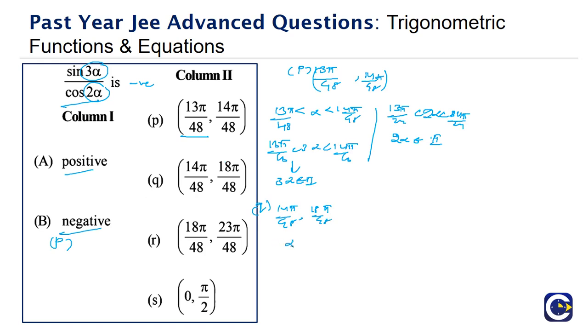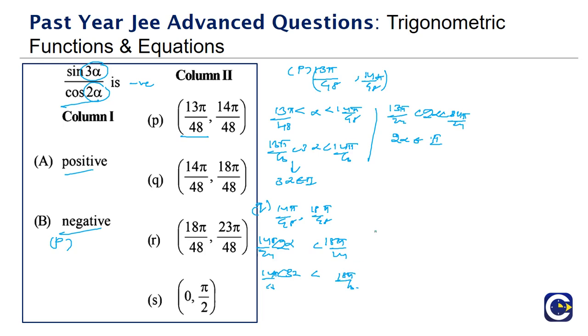If you consider this directly, we'll consider 2 alpha and 3 alpha. 2 alpha is between 14 pi by 24 and 18 pi by 24, and 3 alpha is between 14 pi by 16 and 18 pi by 16.